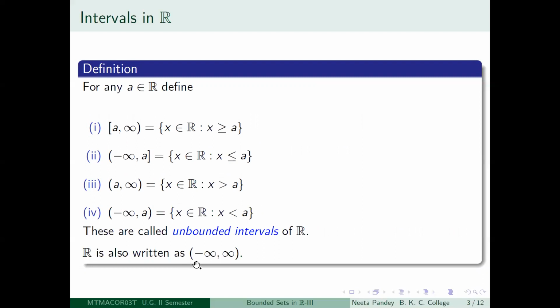So we use the symbol minus infinity to infinity. See, what I said was that any real number is greater than minus infinity and less than infinity. That is true in the extended real number system.